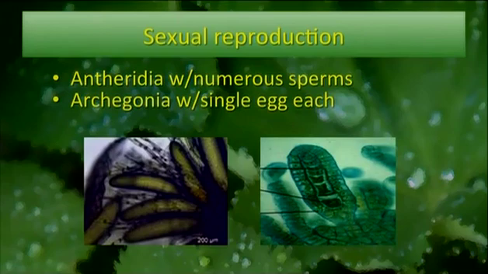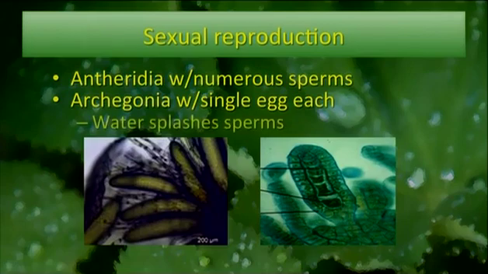The archegonia has a single egg each. Of course, these plants need water. The sperm are flagellated in the antheridia, and water splashes the sperm out of the antheridia, and eventually they'll swim into the archegonium.